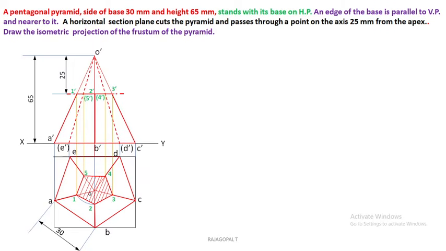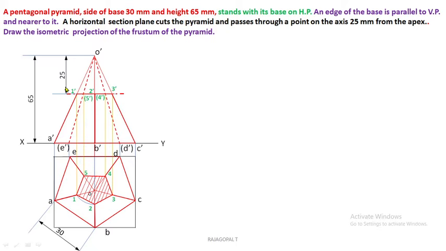In isometric projection, always whatever may be the plane surface of the solid, here the pentagon is the plane surface, it must be converted into a rectangular box on the outer corners. By joining the outer corners, form a rectangular box and give a name. Being pyramid, always we have only a base as pentagon.